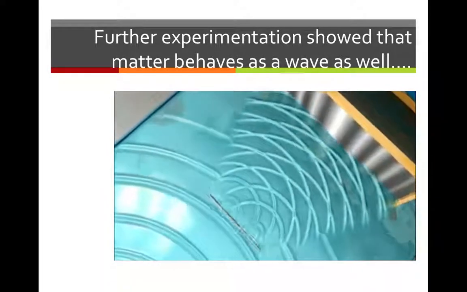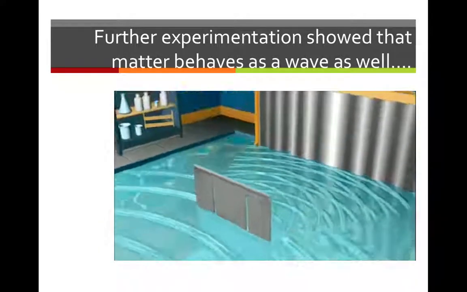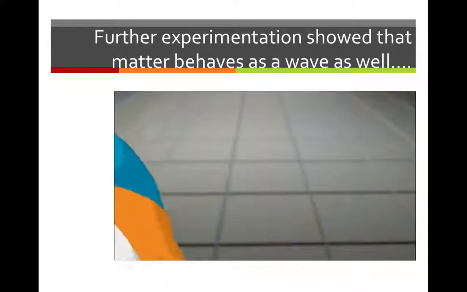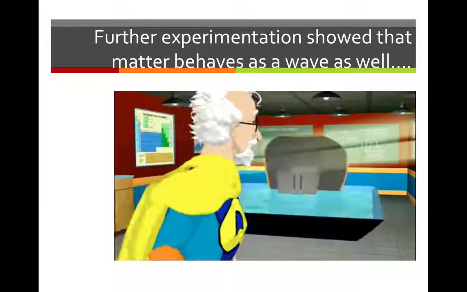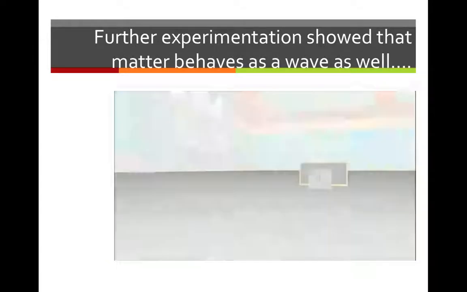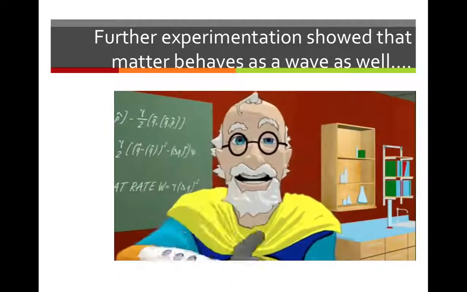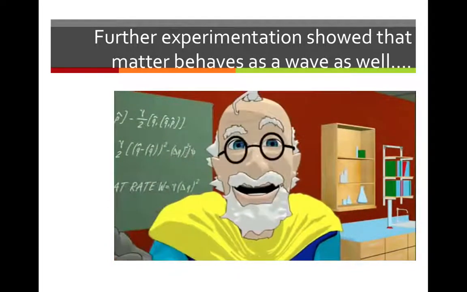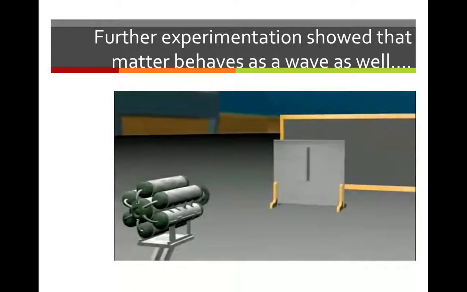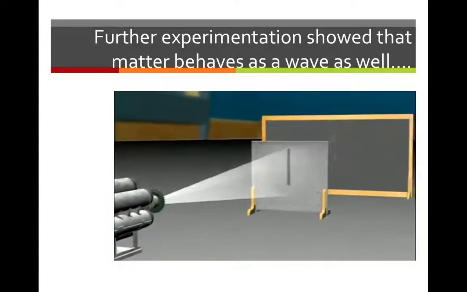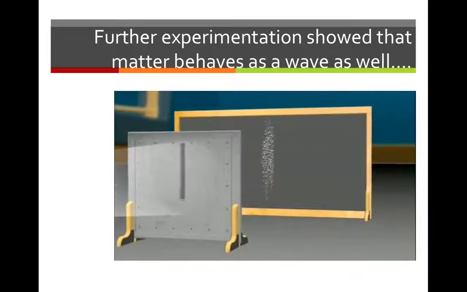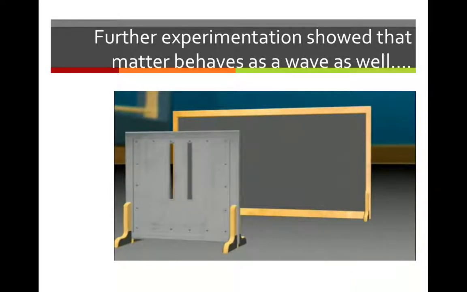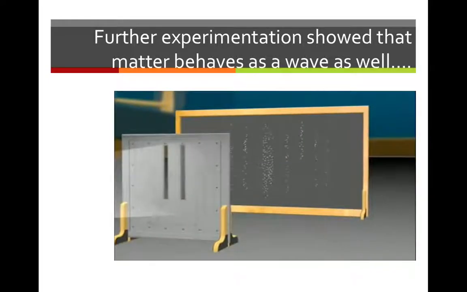And with waves, we get an interference pattern of many bands. Good so far. Now, let's go quantum. Quantum means it goes small, very small. An electron is a tiny bit of matter, like a tiny marble. Let's fire a stream through one slit. It behaves just like the marble, a single band. So, if we shoot these tiny bits through two slits, we should get, like the marbles, two bands.